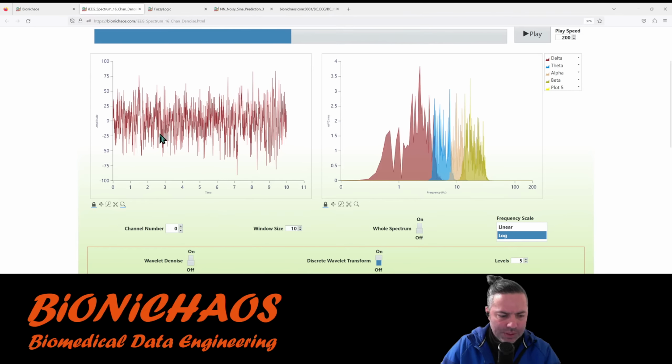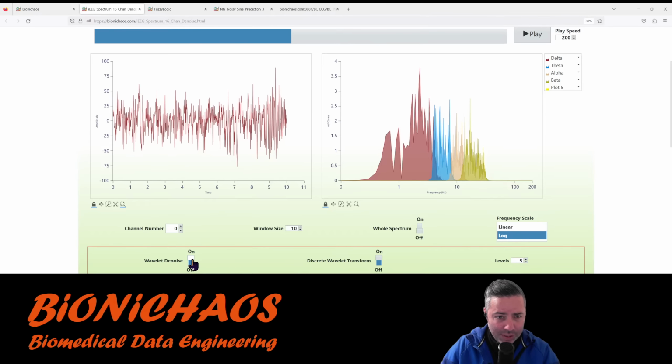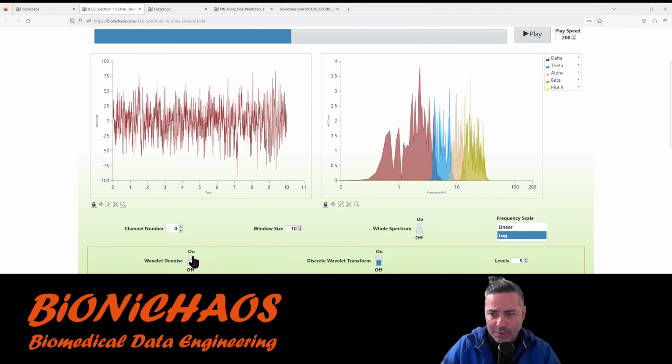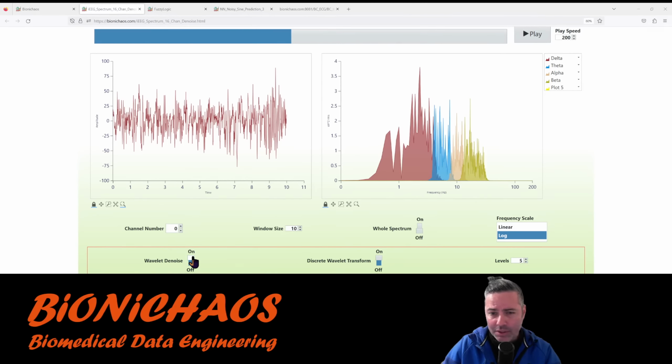In the time domain, it looks like it's doing a fair job removing noise. Reality is it's just getting rid of some of the higher frequency components. So it really depends if that's what you want or not, because maybe that's not what you want.